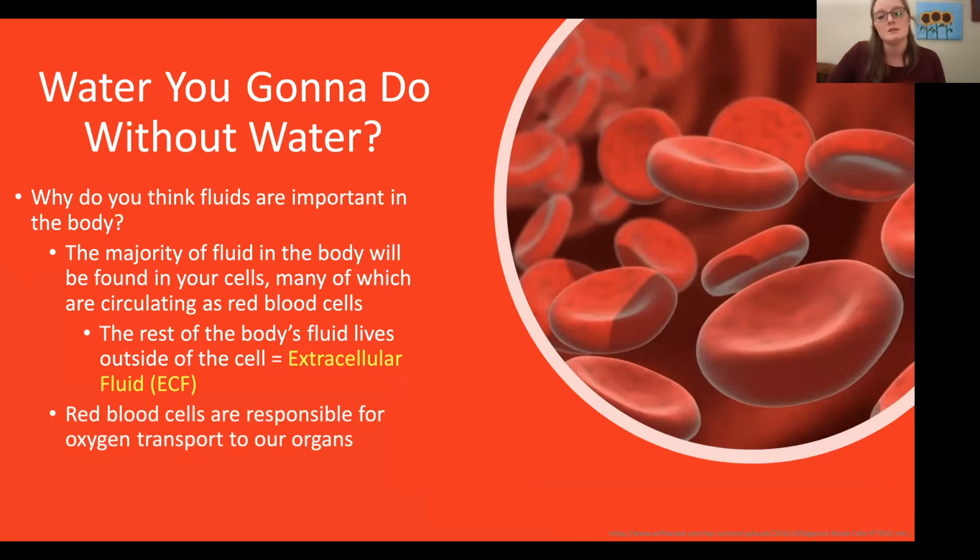So that's why it can be such a problem if you bleed too much, because you won't get enough oxygen to different organs in your body. Do you guys have any questions about that? This will be kind of a building block for what we keep talking about. So I want to make sure you feel good about it. Okay. No questions so far. Good.